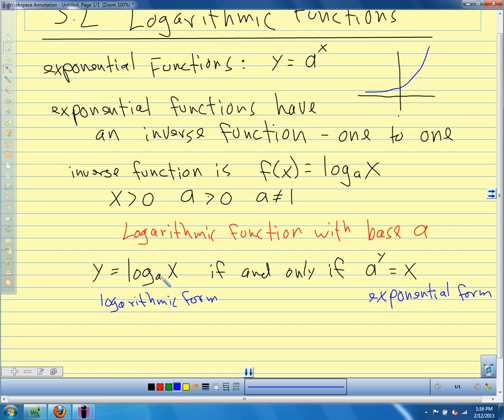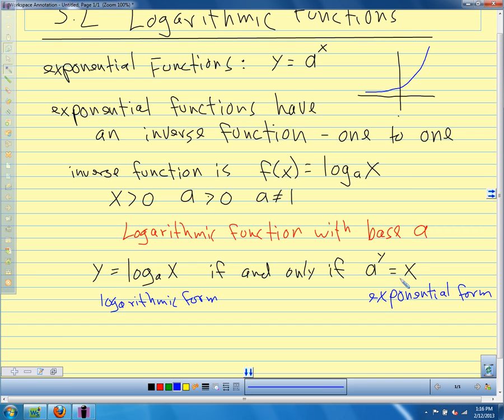The power of a that gives us x is y. So a to the y equals x. So the exponent on a that gives x is y.